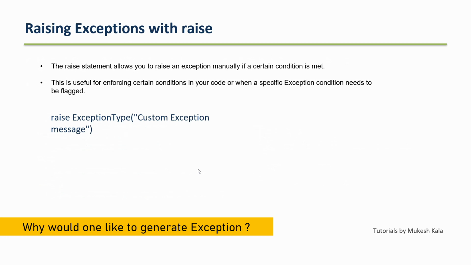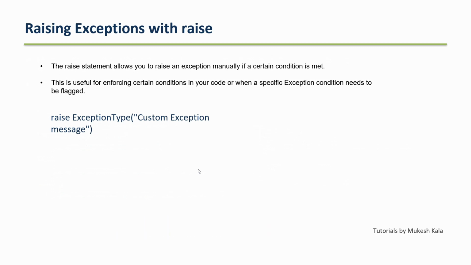For example, you are writing a program for a bank, and you say that if somebody is trying to, let's say, withdraw an amount of 50,000, we want to stop the program. In that case you need a mechanism to stop the program from executing and give a meaningful message. That means exception handling. So I just check a condition: if the amount is greater than 50,000, drop a message that you cannot withdraw this amount.